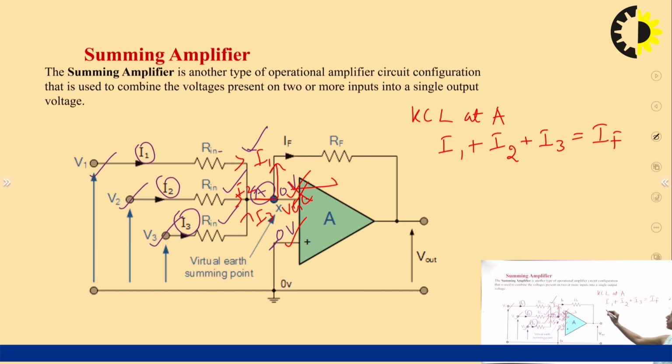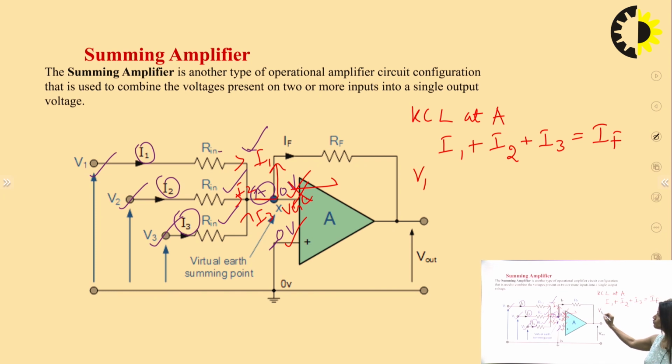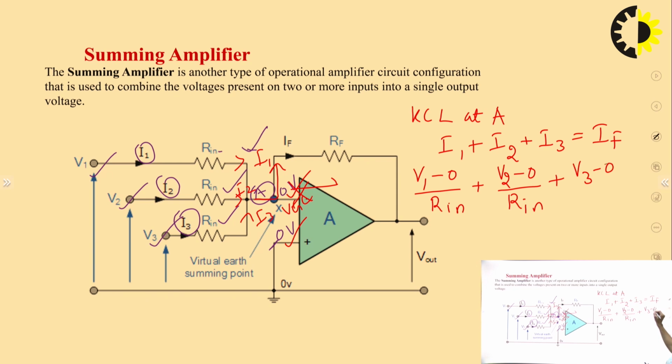Now I1 is equal to V1 minus 0 upon Rn, plus I2 is equal to V2 minus 0 upon Rn, plus I3 is equal to V3 minus 0 upon Rn, is equal to IF, which is 0 minus VO, let's say this is V out, upon RF.